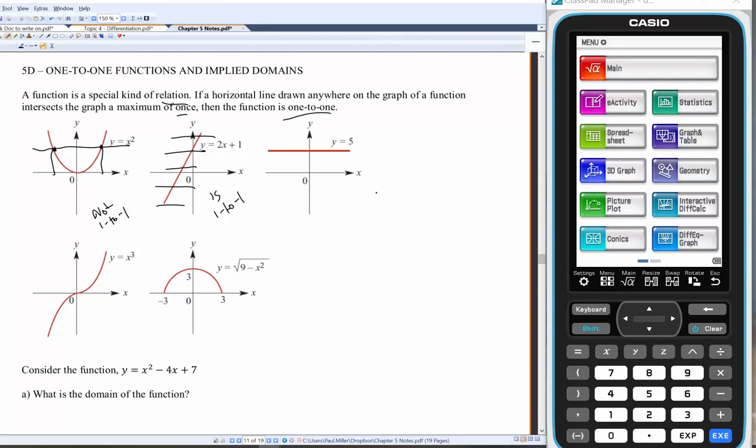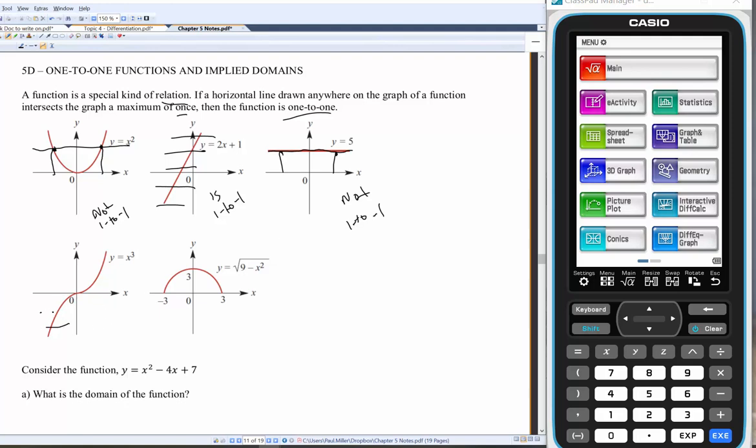Now, this one here is not one-to-one. And what these guys have done is produce this horizontal line here, which if you draw a horizontal line through the horizontal line, you'll hit infinitely many y values given a value for x. So this value of x produces 5 and this value of x produces 5, okay? So we say that that's not a one-to-one function. What about this one here?